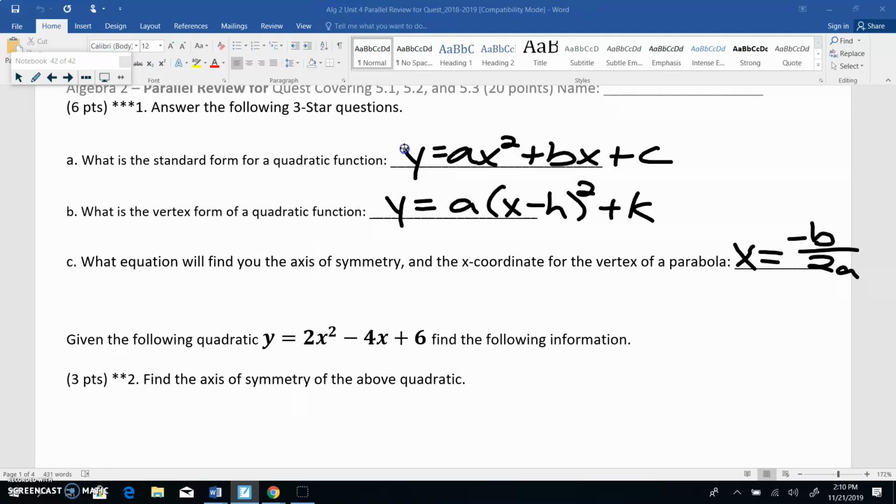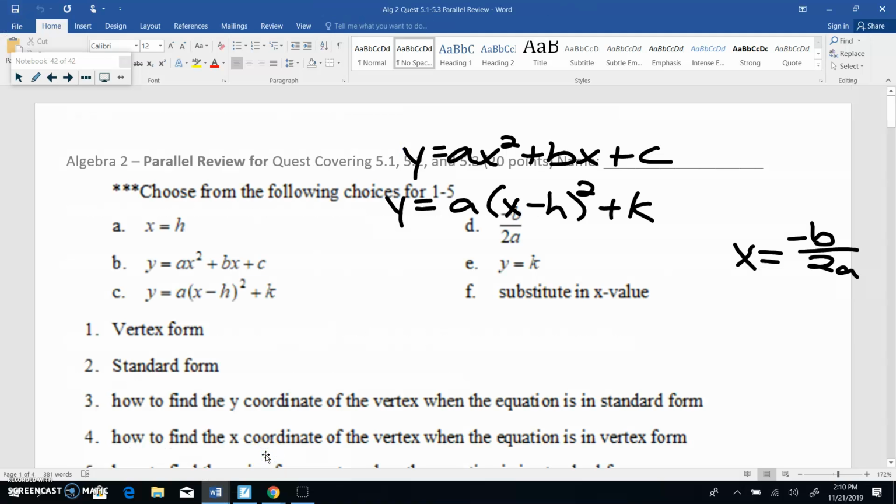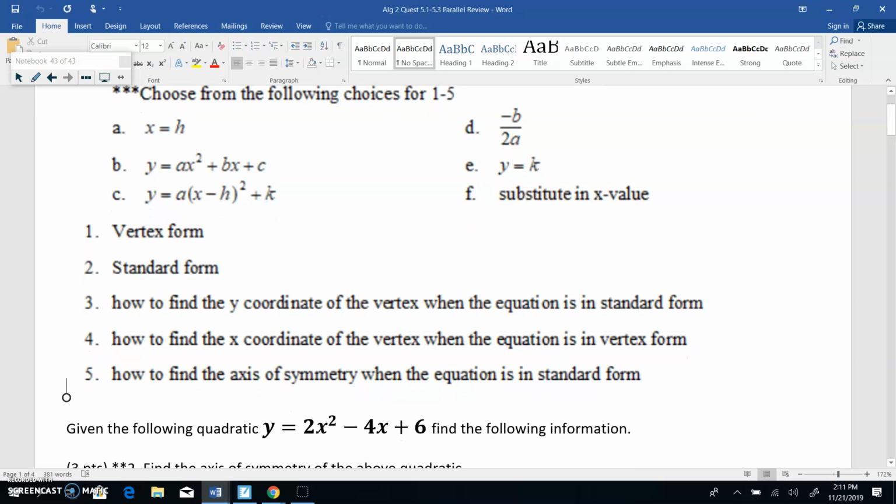Okay, if you were to choose the other option, which is, of course, the matching, your first question is, what is the vertex form? The vertex form is going to be C. Standard form will be B. How to find the y-coordinate of the vertex when the equation is in standard form?